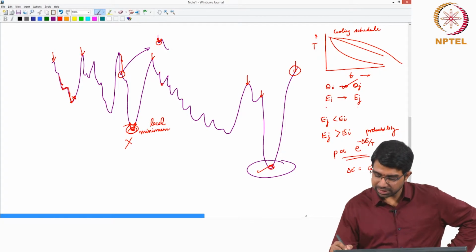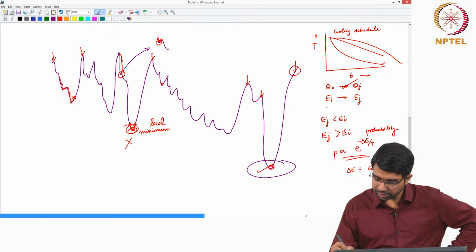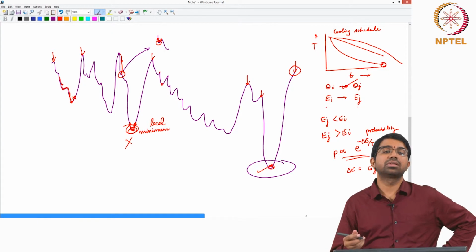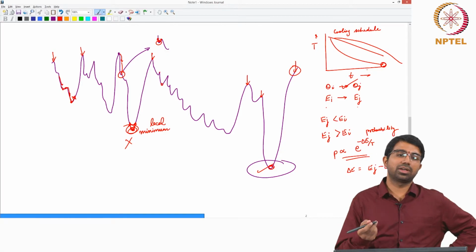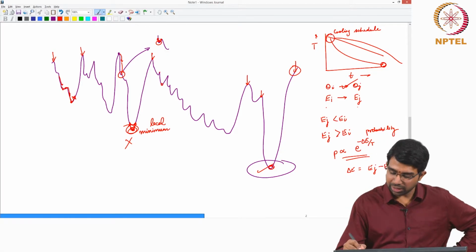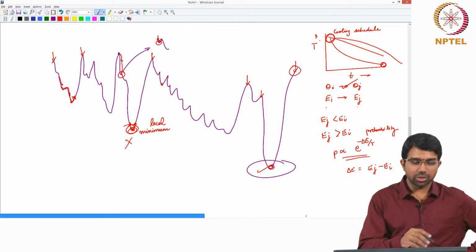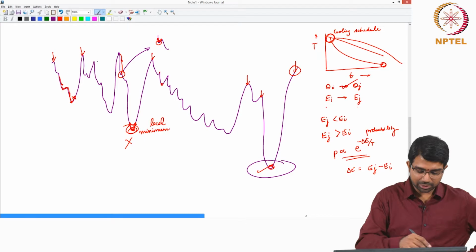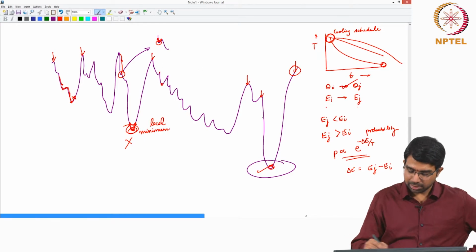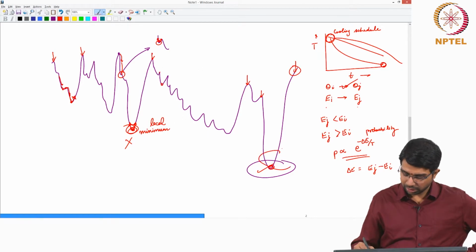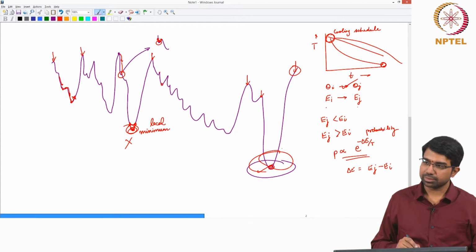So what happens when T is very low? You will reject a lot of moves that go in the wrong direction. When T is very high, you will accept a lot of moves that go in the wrong direction. So you are very exploratory in the beginning, you jump all around the place, but after a while you probably settle down and hopefully reach this point.